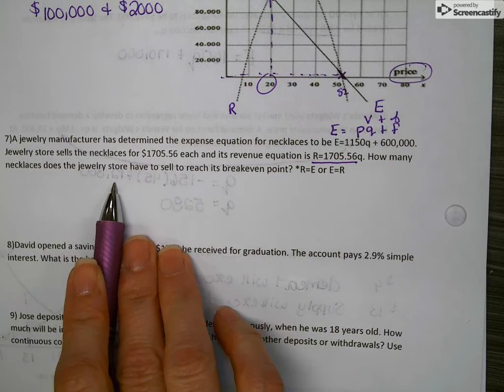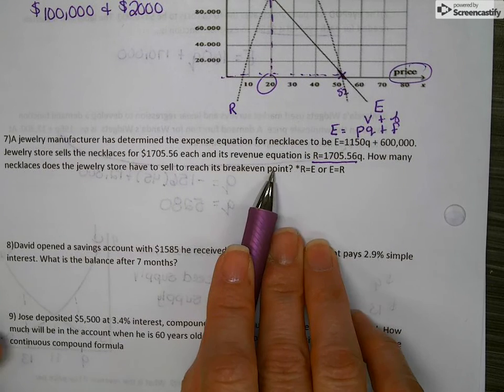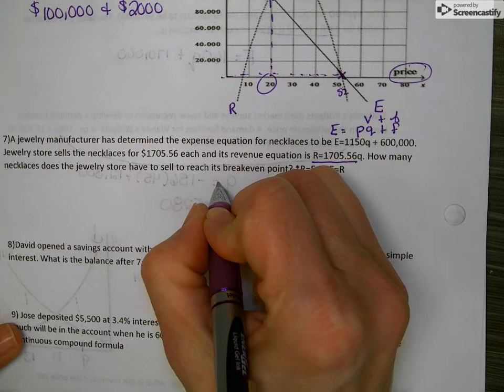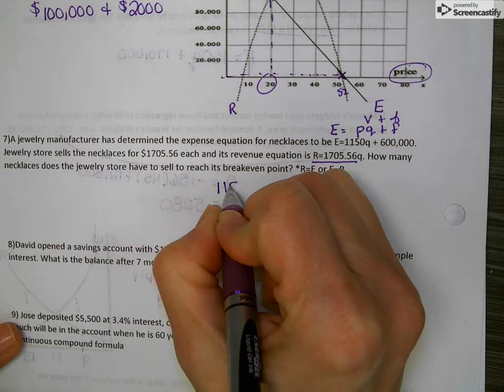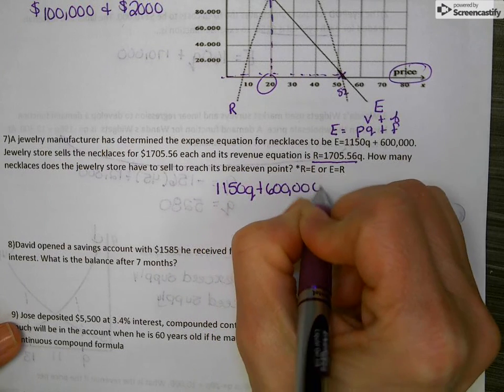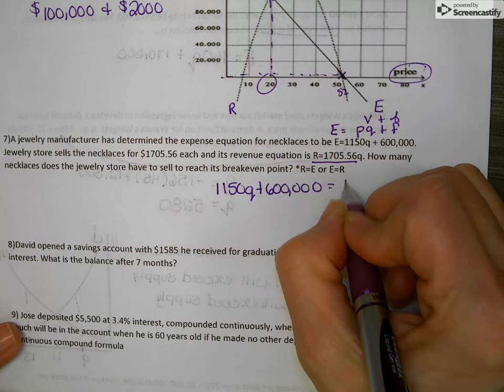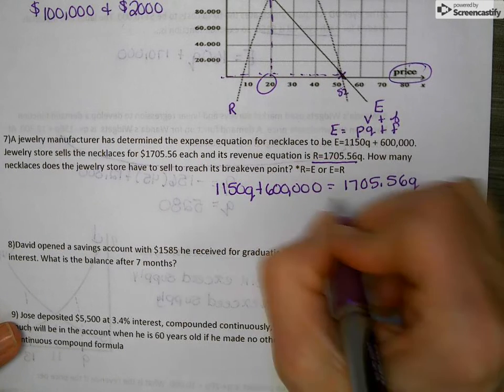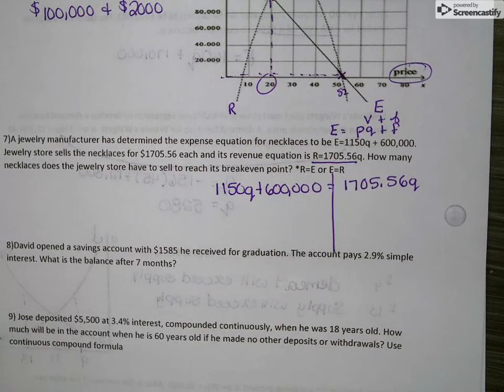How many does the jewelry store need to sell to get the break-even point? So we're just going to set these two equal. So I have 1,150 Q plus 600,000 and set it equal to revenue, which is $1,705.56 Q. And now we're just going to solve for Q.